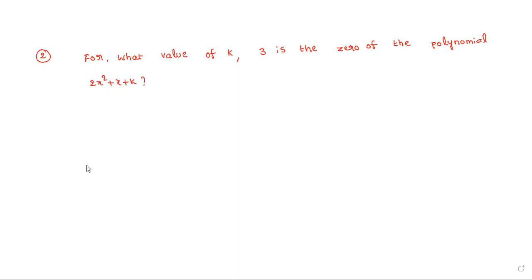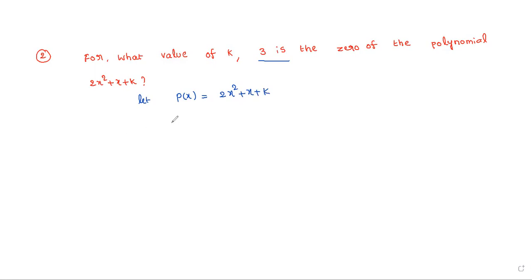So what does this represent, ma? Already 3 is a zero of the polynomial. So let p of x equal 2x square plus x plus k.